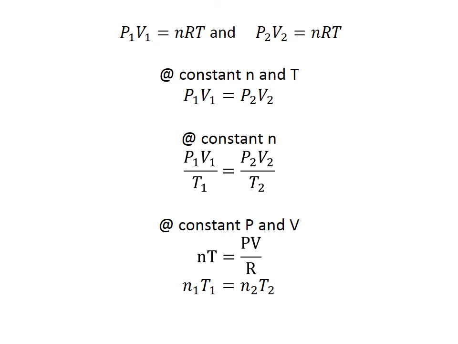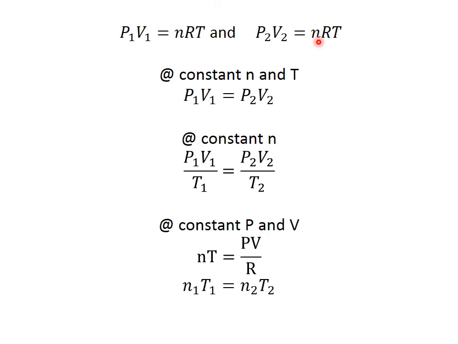Now if we keep pressure and volume constant, remember here that nT is equal to PV divided by R. Since this is going to be constant, we can keep our final and initial conditions equal. n1 T1 is equal to n2 T2. And this is the same thing we're doing here, because we're equating the number of moles at constant n.